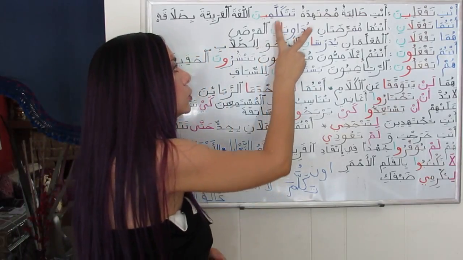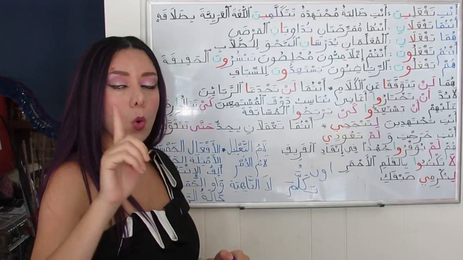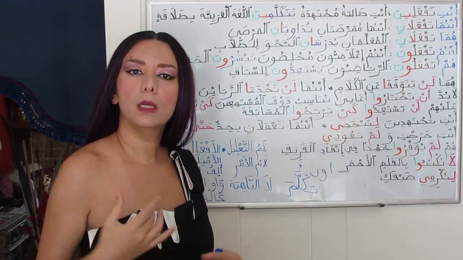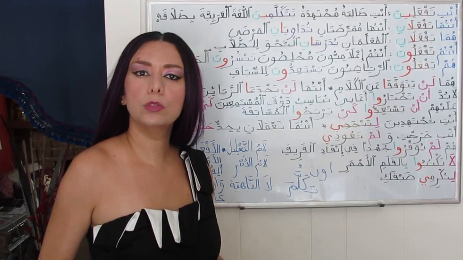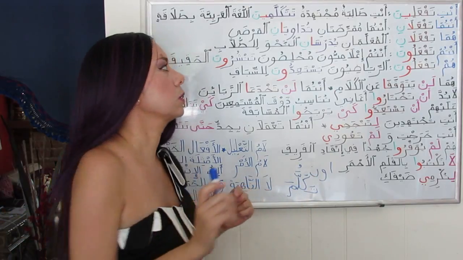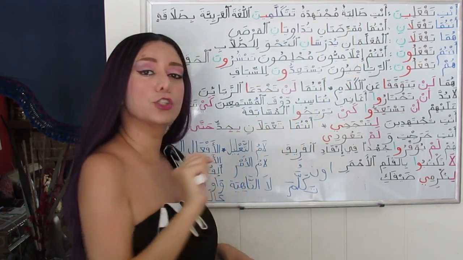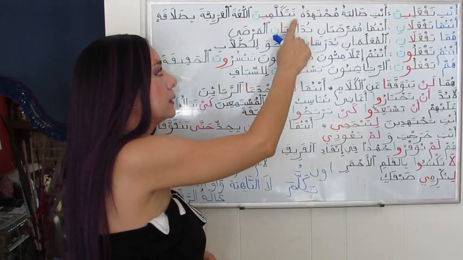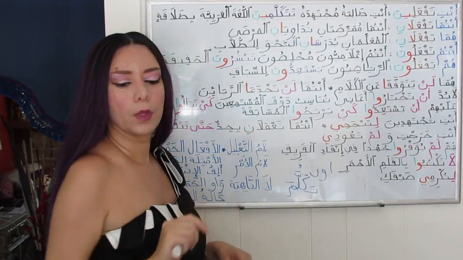So we have 2 sentences. While translating this kind of sentence into English, we are going to use the relative pronoun to connect the 2 clauses. I would say, you are a diligent student who speaks Arabic fluently. But in Arabic, note that we did not use a relative pronoun to connect a clause to a noun which is indefinite.